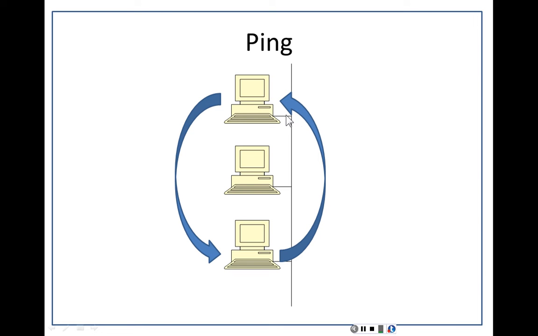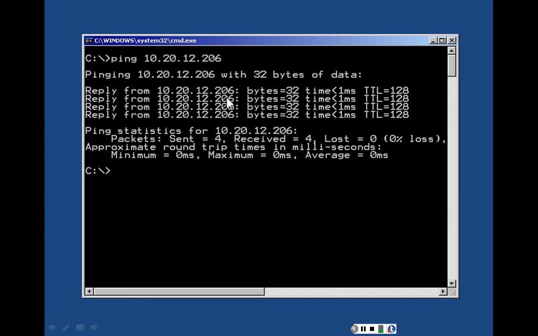If you can ping another computer and the signal comes back, you know the computer is up and running and all the cables between you and the computer are up and running. So if I want to determine if I can communicate with another computer, I ping the other computer based upon IP address.